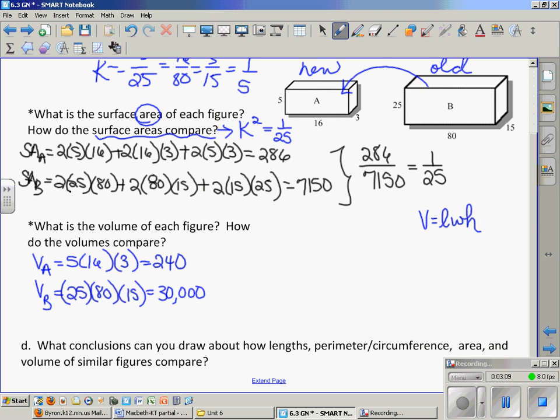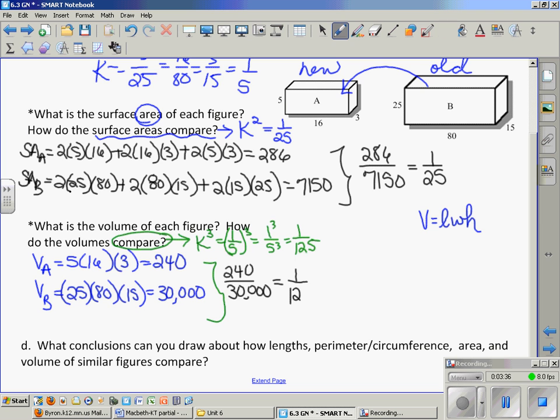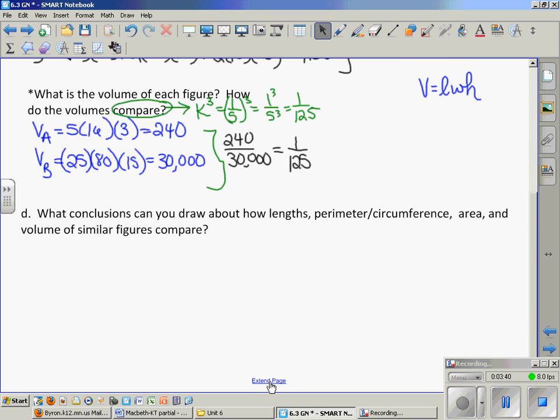Now, since this is volume, I do expect that these are going to compare at a factor of k cubed, which would be 1/5 cubed, which is 1/125. When you put these into their ratio, 240 over 30,000, and you reduce the fraction, you end up with exactly what you think you should.